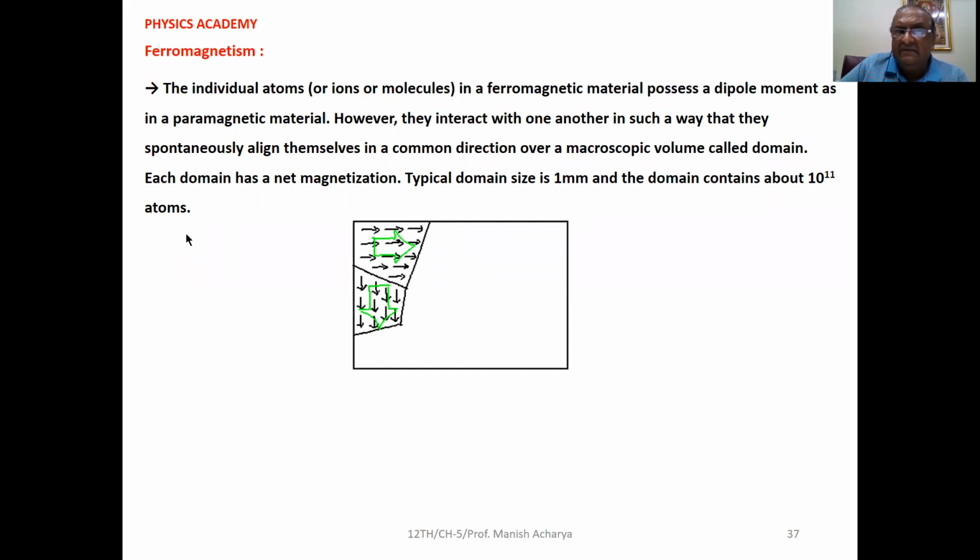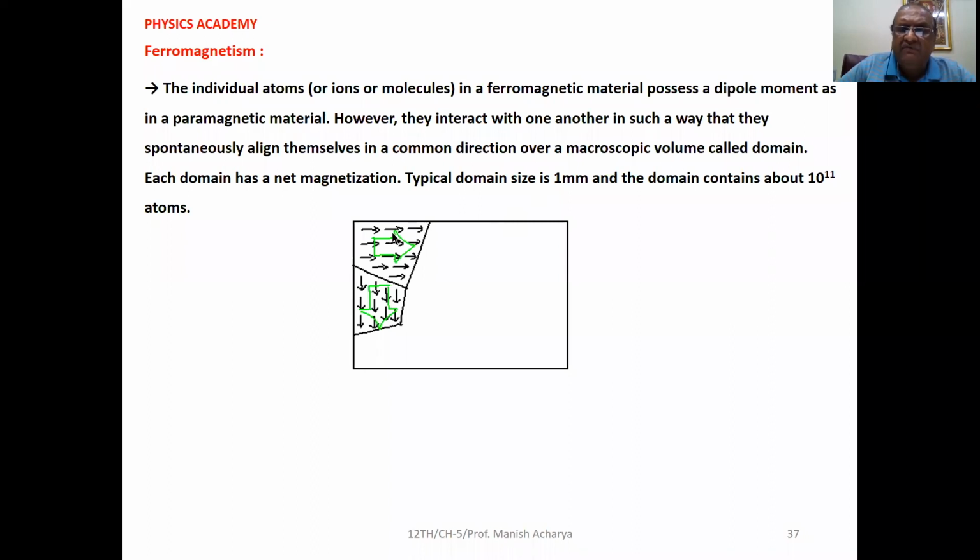See the figure, here some dipole moments are represented. Here each and every dipole is not aligned in one particular direction, but some dipole moments align in a particular direction.